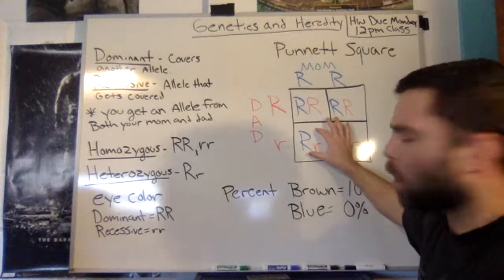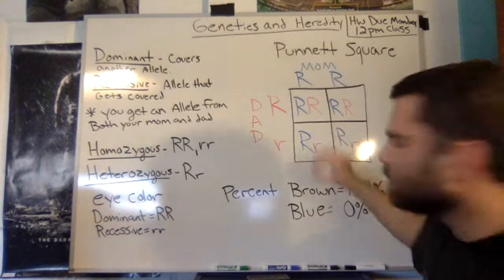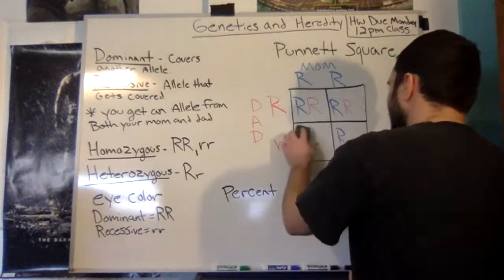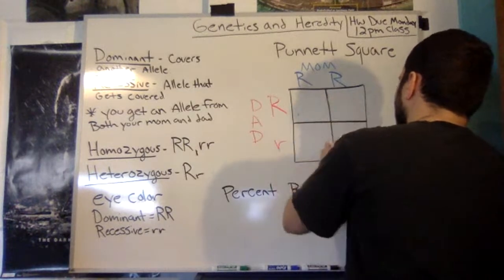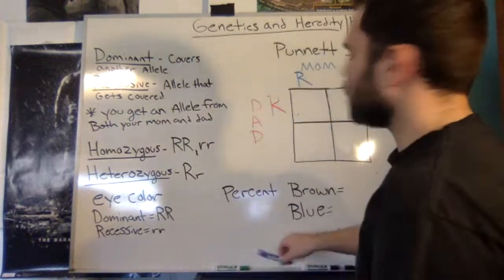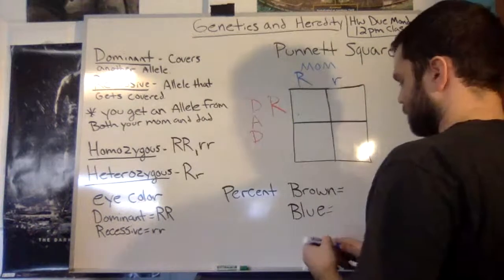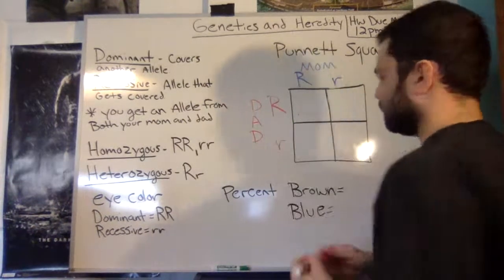Let's say both of your parents have capital R and lowercase r. So let's start this over now. So I want you guys to make another Punnett square. And I want you to put capital R for mom and a lowercase r, and a capital R for dad and a lowercase r.